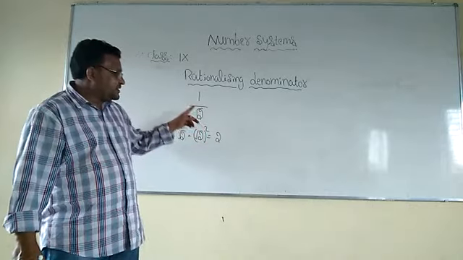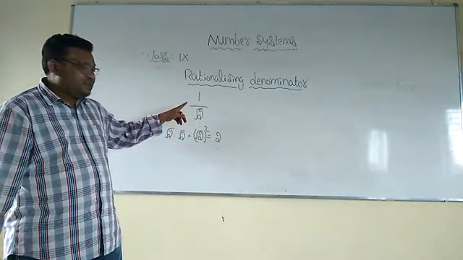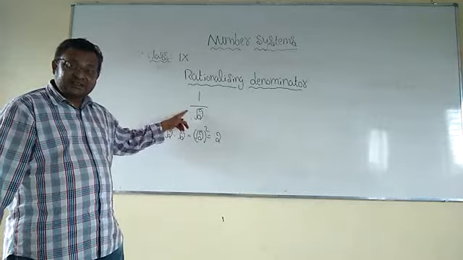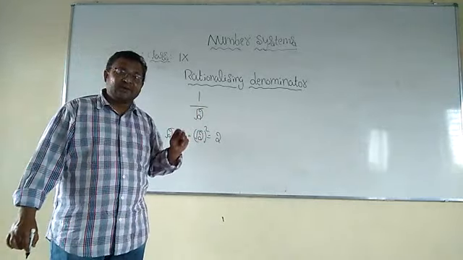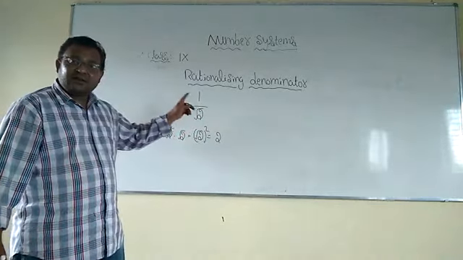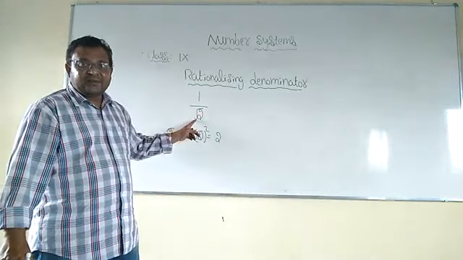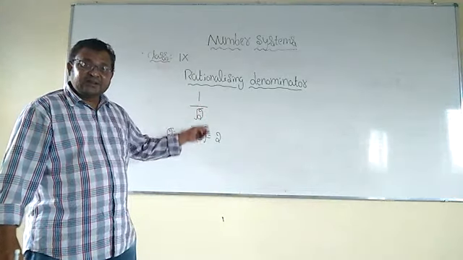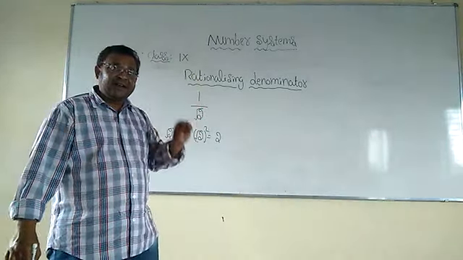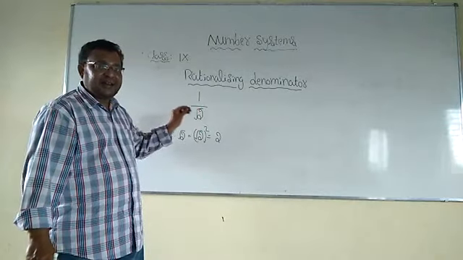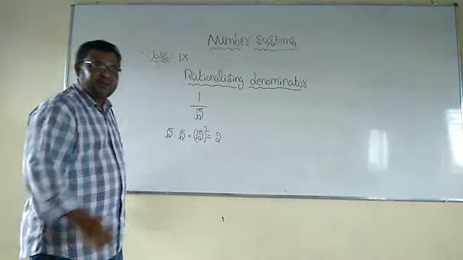And like that, to remove this irrational number, to change it into a rational number, we have to multiply numerator and denominator by root 2. That means we have to write an equivalent fraction or equivalent expression of the given fraction.